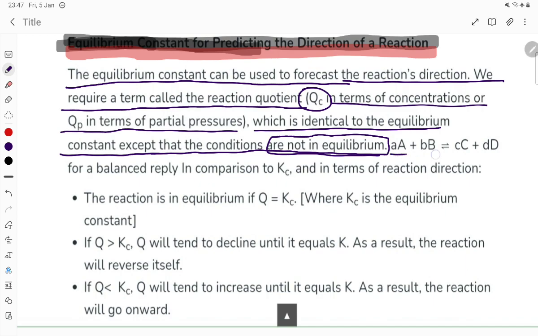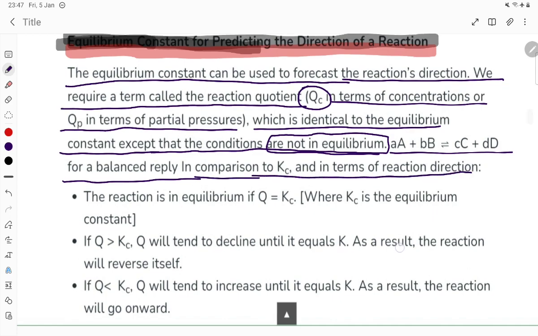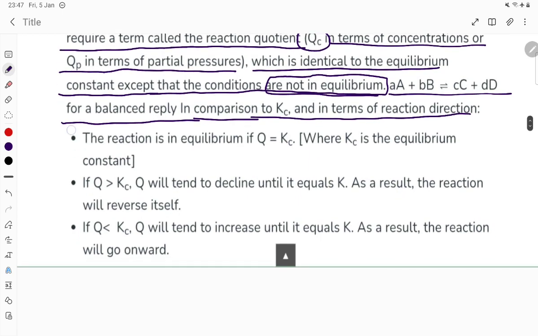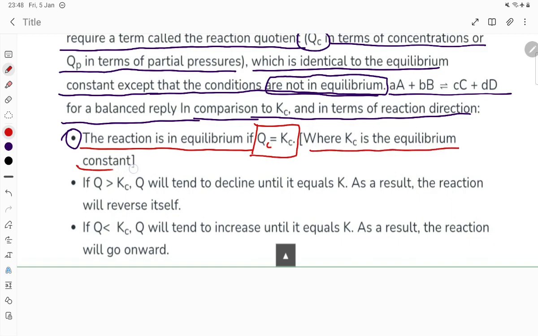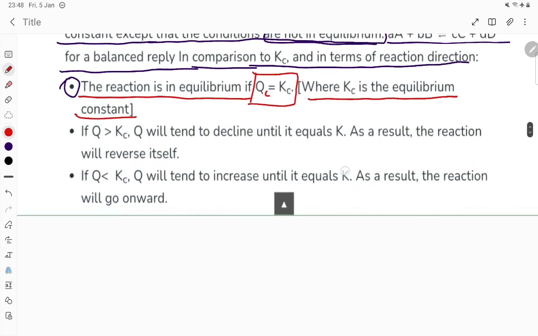Now, a moles of A and b moles of B giving c moles of C and d moles of D for the balanced reaction, compared to Kc in terms of the reaction direction. So see, the first important point: the reaction is at equilibrium if Qc is equal to Kc, where Kc is the equilibrium constant and Qc is the reaction quotient.